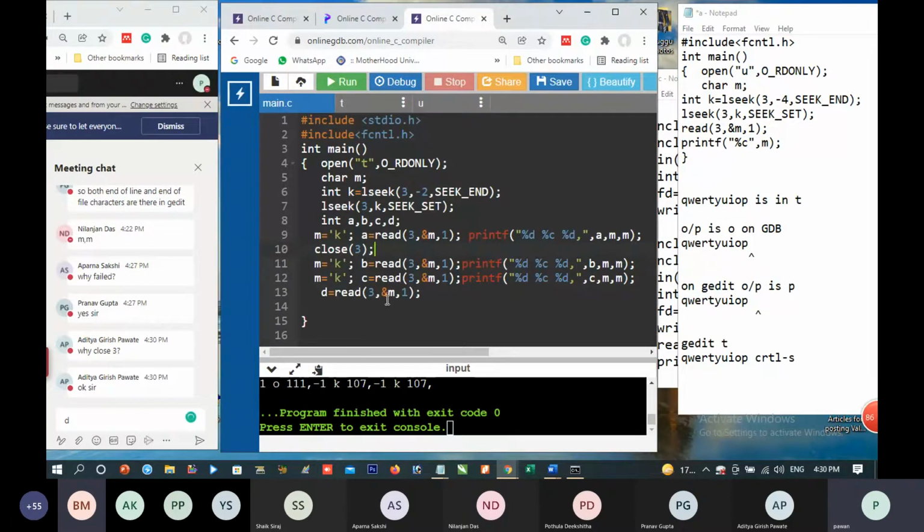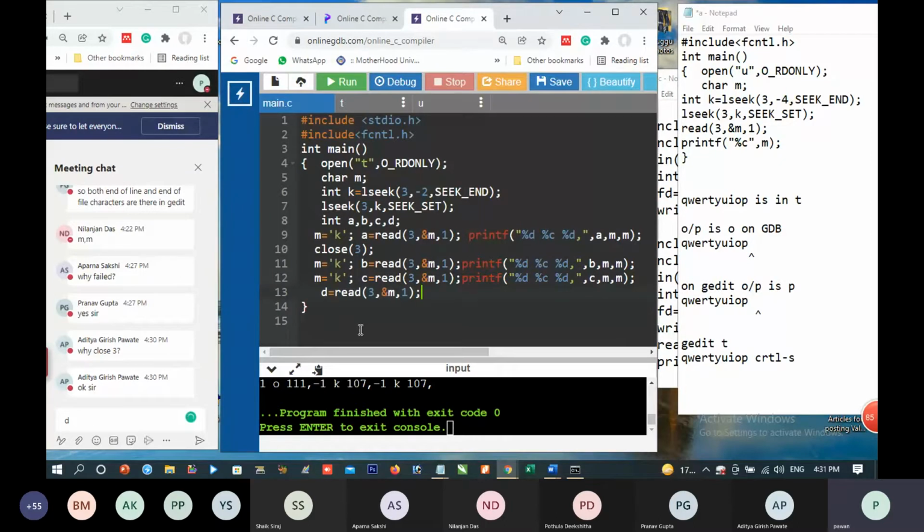Any more doubt? And when we try to read from a file when our file pointer has reached the end, then the system call doesn't fail.